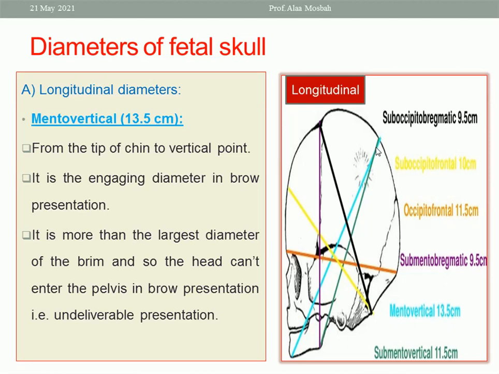That's why brow presentation is undeliverable. Persistent brow is undeliverable because the mentovertical diameter of 13.5 centimeter is larger than the female pelvic diameters of the inlet.